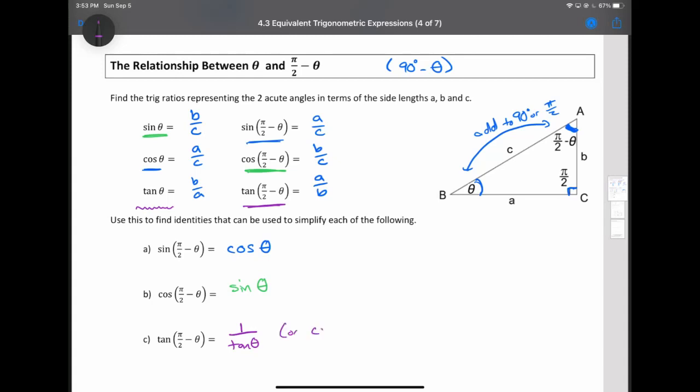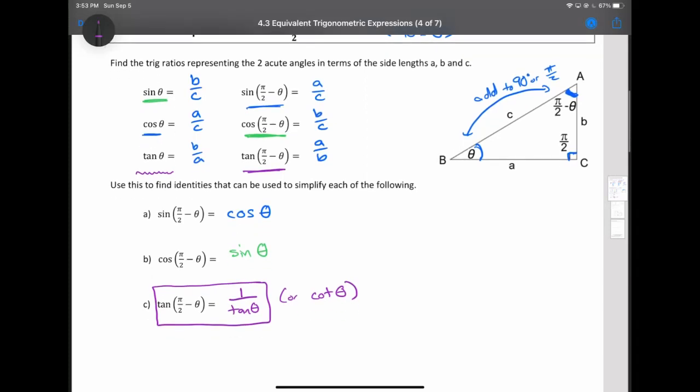And I'll put down here that that is actually cotangent theta. I personally am completely cool with using just the primary trig ratios, but I do want to point out that it is actually equal to the cotangent.